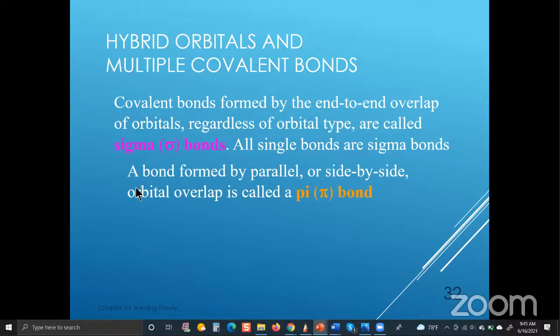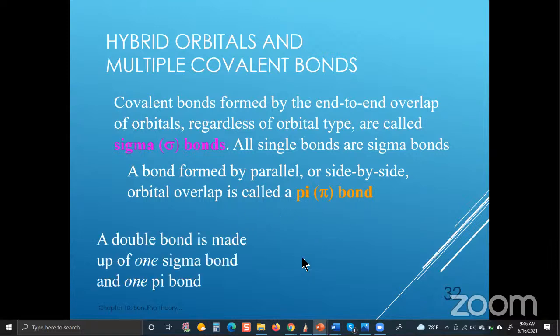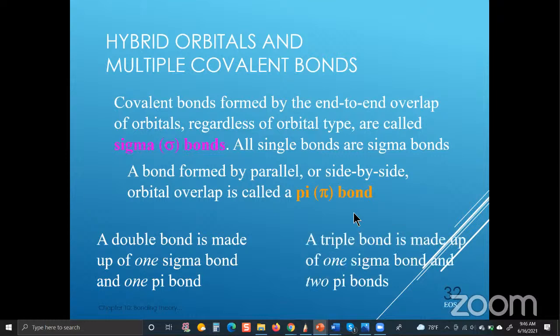Now, if you have a side-by-side overlap or parallel overlap of orbitals, then we call that a pi bond. One can see that happening in the case of p orbitals overlapping. We're going to see some examples of that shortly. Now, if you have a double bond present in a molecule, then one of those bonds would be a sigma bond, formed as described up here, and the other one would be a pi bond, formed as a result of parallel overlap.